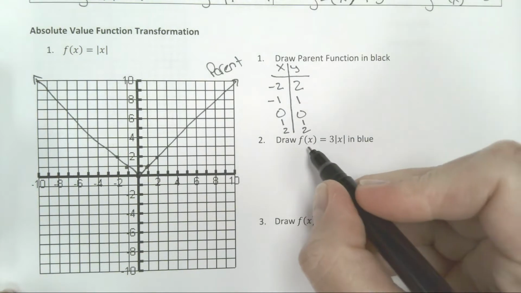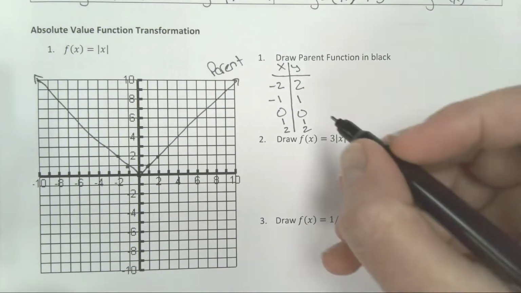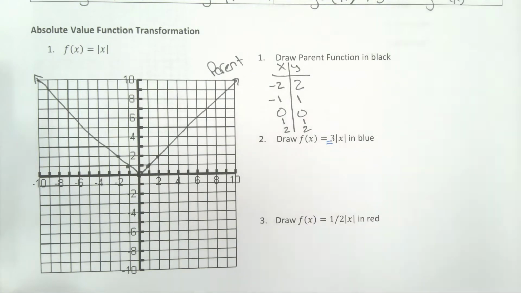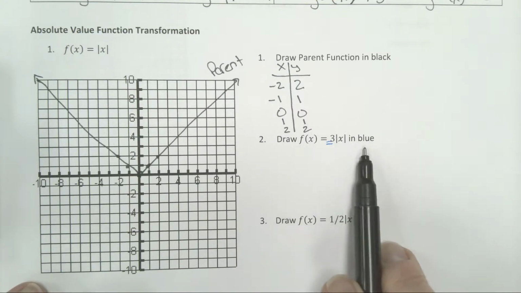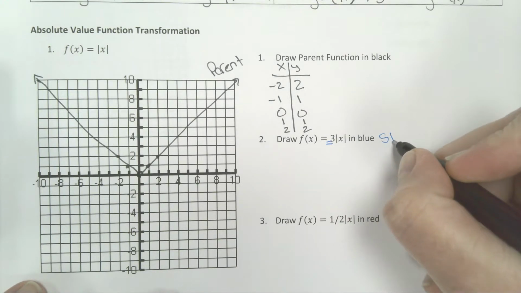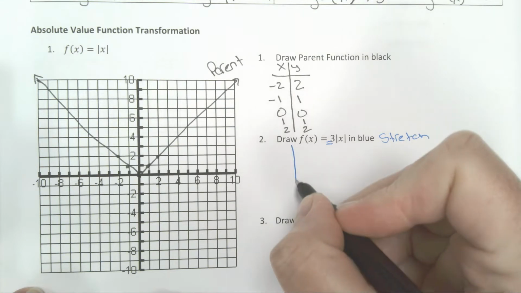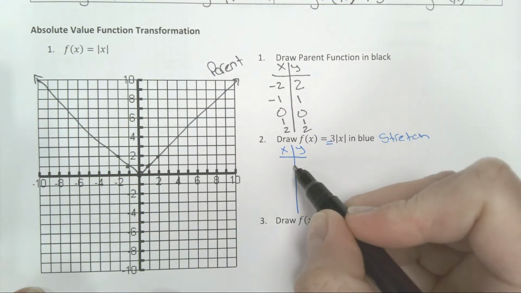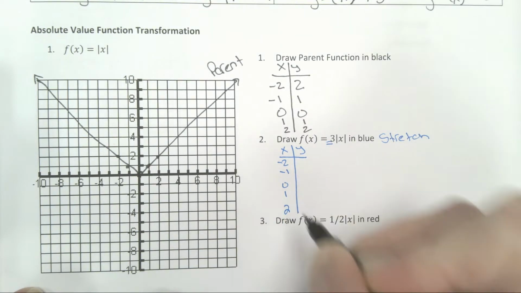It says draw in 3 times the absolute value of x. All right, so if we look up here, if you have a number out in front and that number is bigger than 1, I'm expecting this graph to stretch. I'm going to plug in my same x values, -2, -1, 0, 1, and 2.